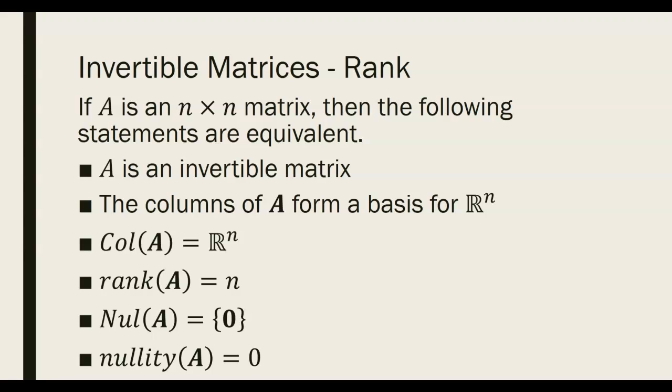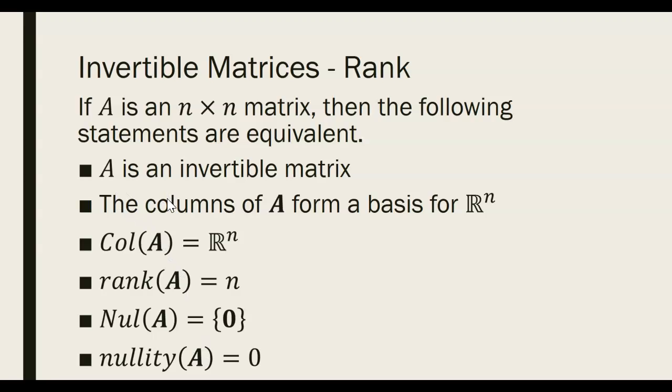The fifth statement is that the null space of A is the set containing the 0 vector. And lastly, the nullity of A is 0. So basically, we're extending the invertible matrix theorem to include the concepts of column space and null space.